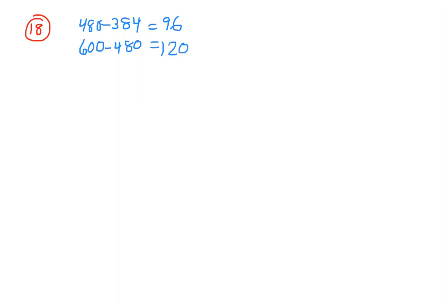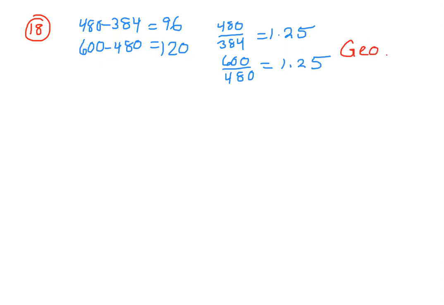So it is not arithmetic. So let's check to see if it's geometric. If we take 480 over 384, we get 1.25. And if we take 600 over 480, we get 1.25. So this is geometric.